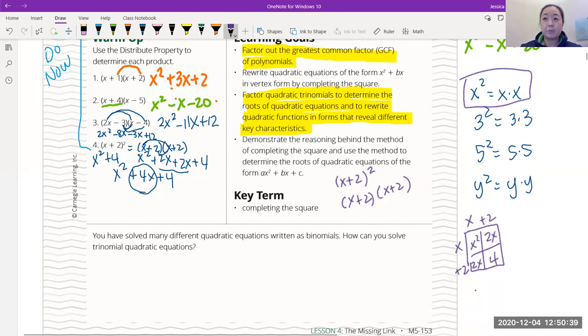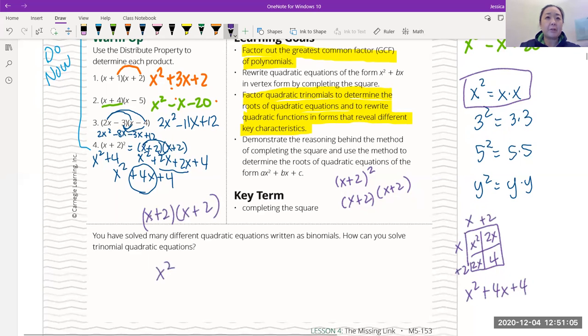And then we're just going to combine like terms. I like to start with the biggest exponent first. So it's x squared, and then the 2x plus the 2x, which is 4x, and then plus 4. If you were there in class today, the person explaining this went straight to the answer because what they did was this. The first one was x squared.